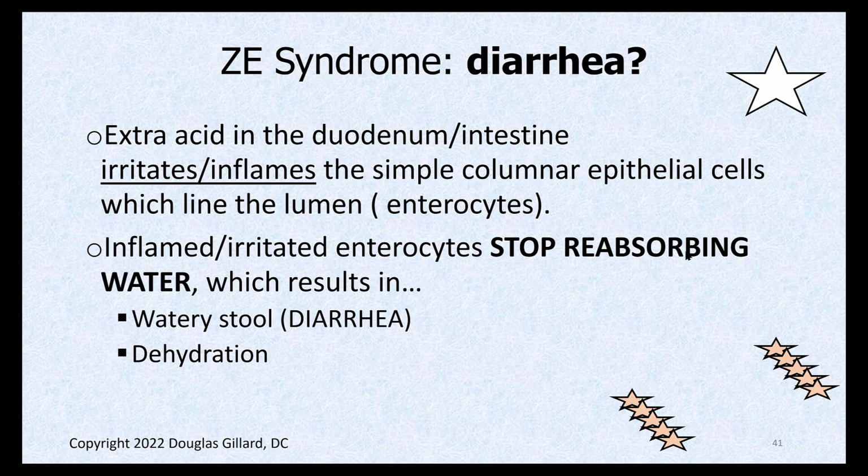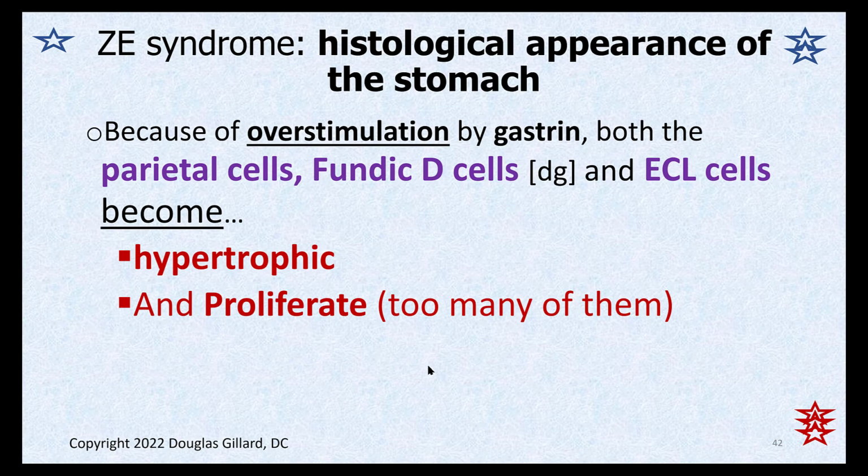And so you're going to get diarrhea. Instead of reabsorbing the water, that water's going to go out into the toilet. So your stools are going to be very watery, and that's diarrhea. Plus, you can get dehydrated. It could get so low you could start to get hypotension, and maybe even slip into hypovolemic shock if this is bad enough.